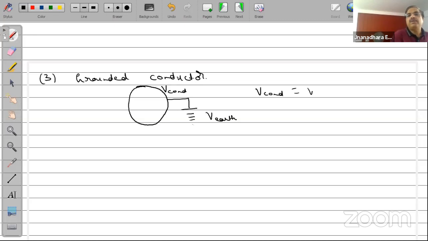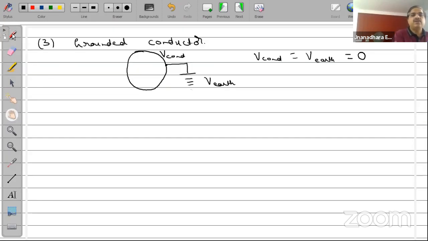But what is the potential of the earth taken as? Potential of the earth is always taken as 0. Therefore, whenever you connect a wire to the conductor, the potential will become 0. So the net potential there has to be 0. That is precisely what is going to happen now.